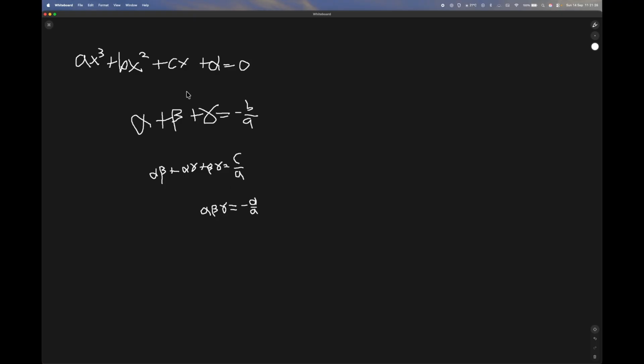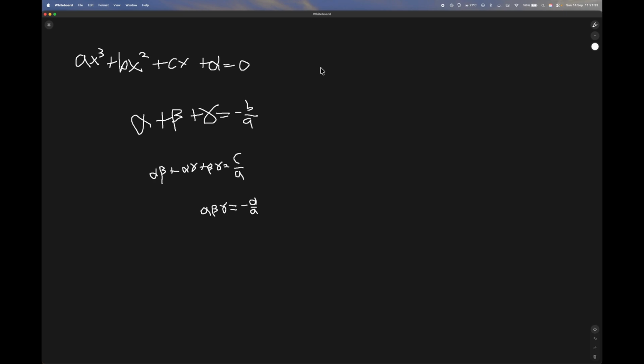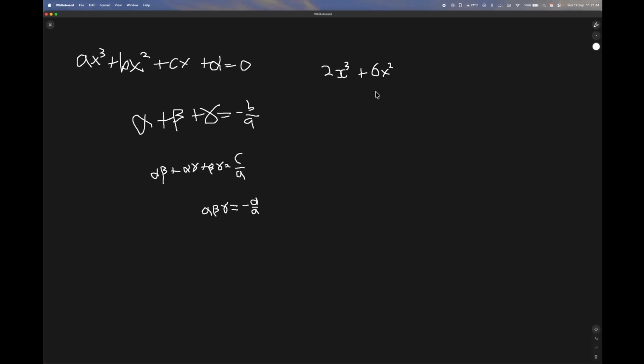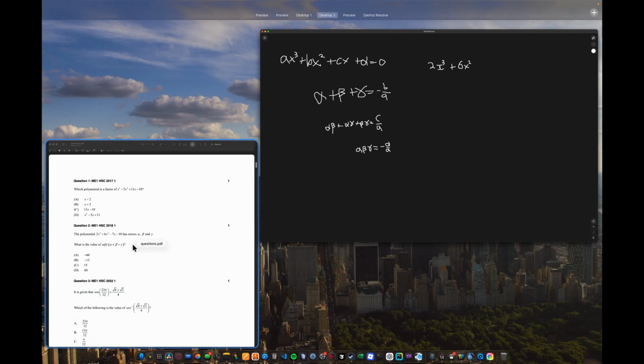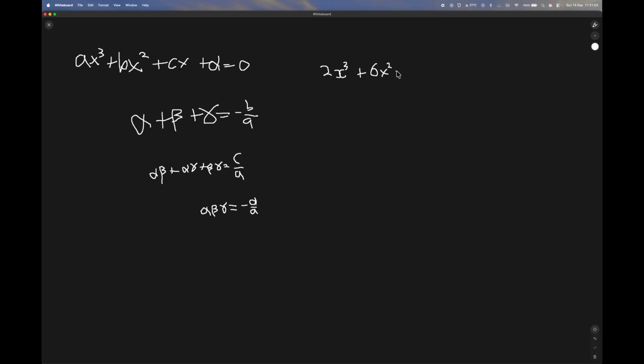Okay, so our polynomial is 2x to the 3 plus 6x squared minus 7x minus 10.